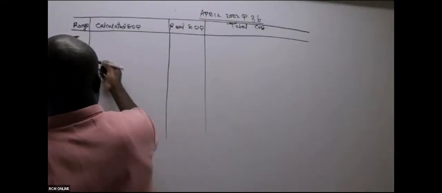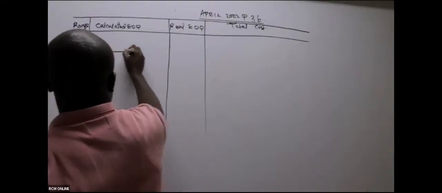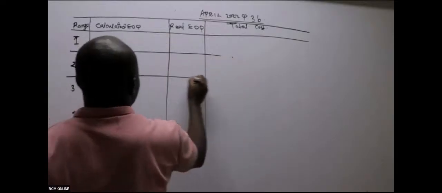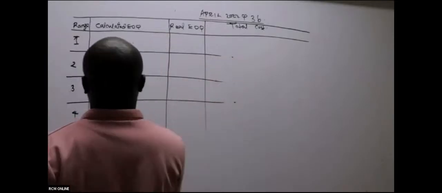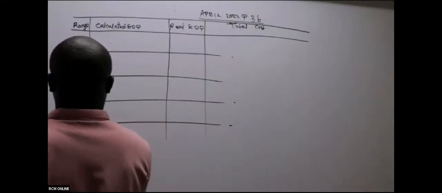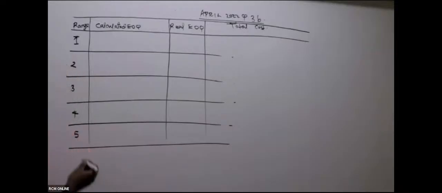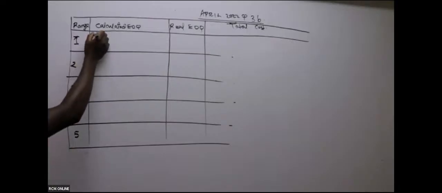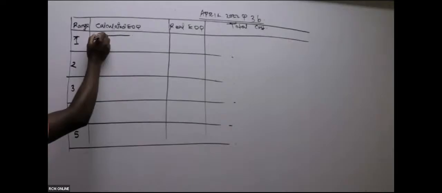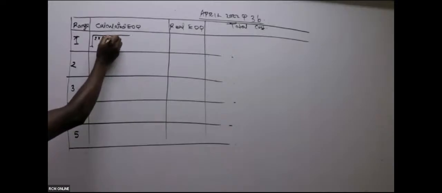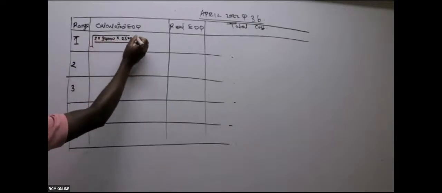So let's start with the first one. The calculated economic order quantity is equal to the square root of 2 times 30,000 times ordering cost 2,500, over holding cost.